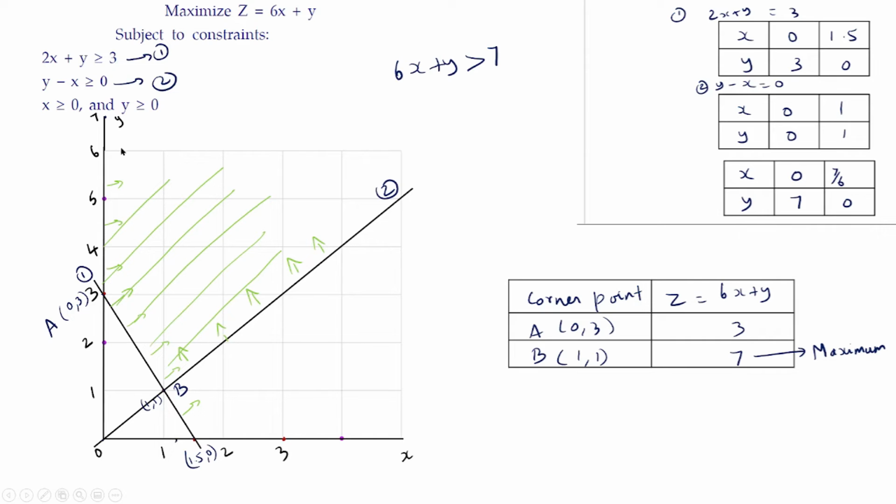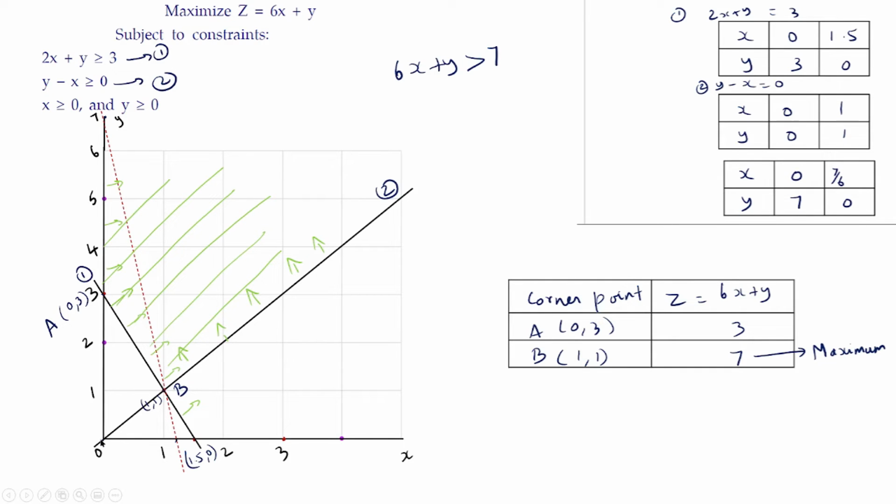Now let us draw a line joining these two points, so that we will be able to find the region corresponding to 6x plus y greater than 7. So the line corresponding to 6x plus y equal to 7 is this line. Now we have to find the region corresponding to 6x plus y greater than 7.